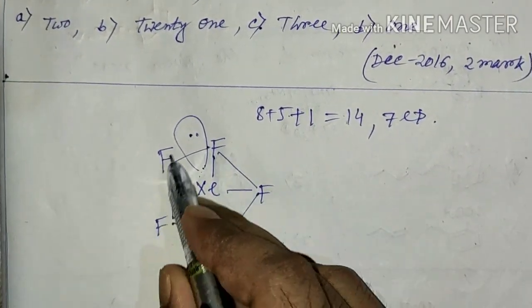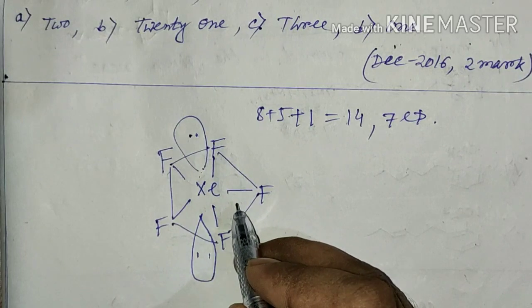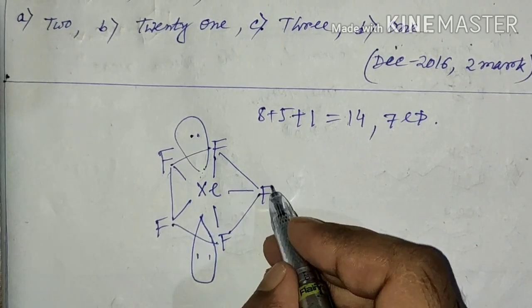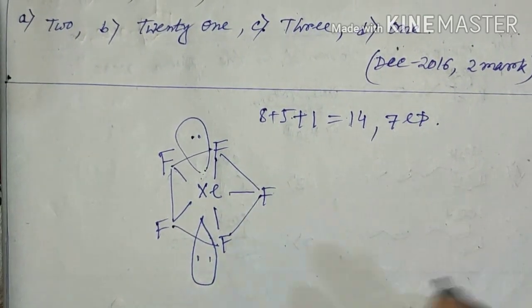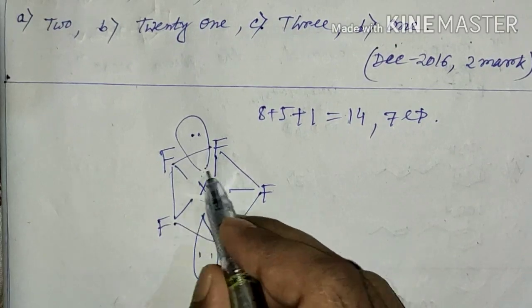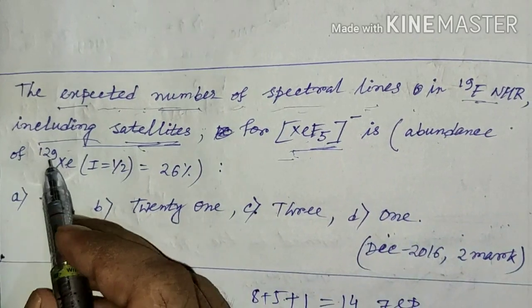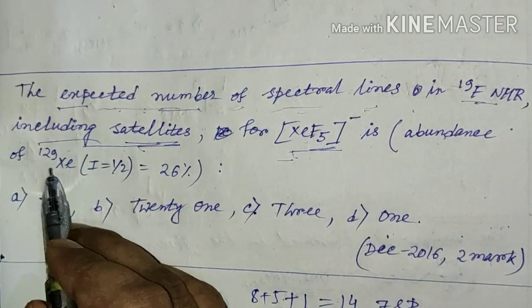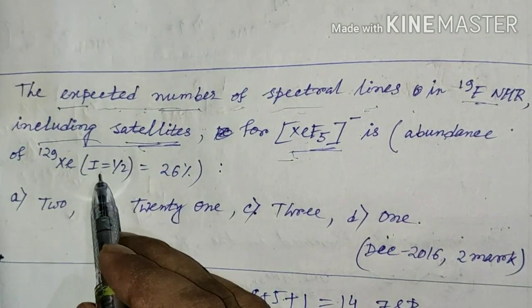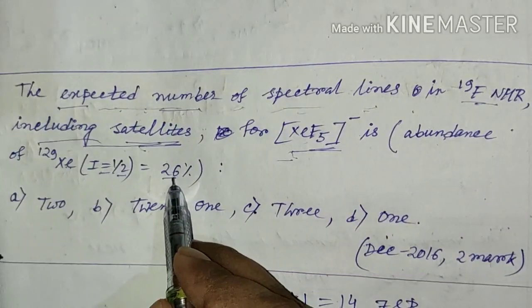Now all 5 fluorine nuclei are equivalent and they will split according to the I value of the xenon nucleus. It is given that the abundance of 129Xe, for which I is equal to half, is 26%.